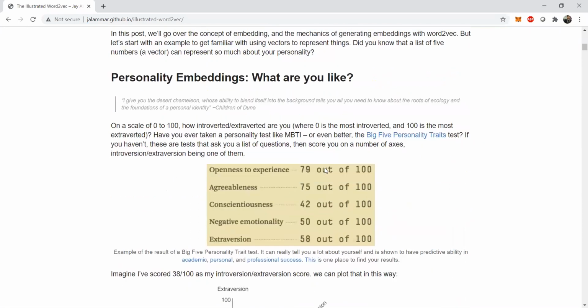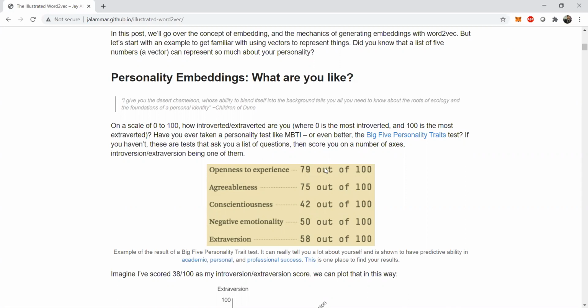So the first thing: what do we mean by embeddings? Here Jay has given an example about a personality. What are the different characteristics of a particular personality? It can have agreeableness, conscientiousness, negative emotionality, extraversion.